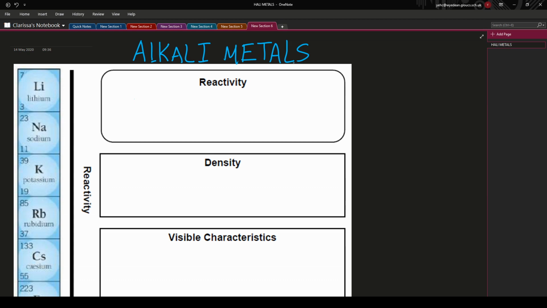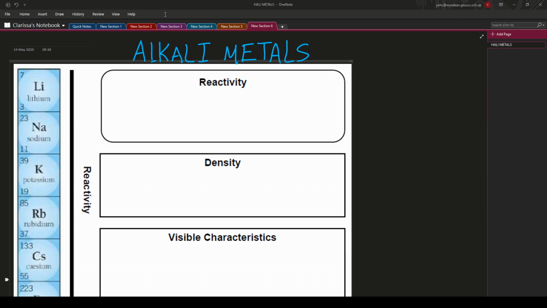If you put sodium in water, watch the chemical reaction happen, and then tested the water with a bit of universal indicator, you will notice that it will turn blue, showing that it is an alkali. So we call these the alkali metals because when they react with water, they form an alkali solution.